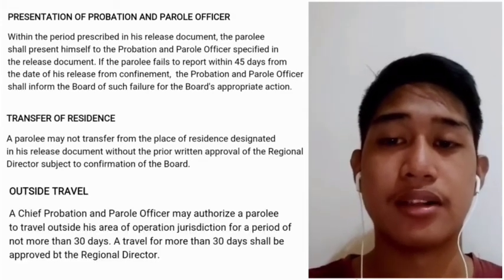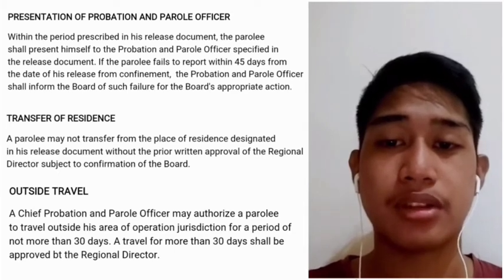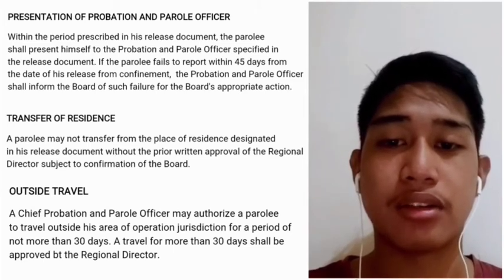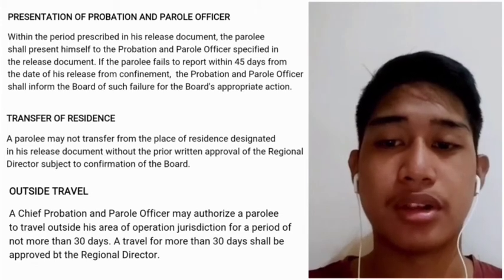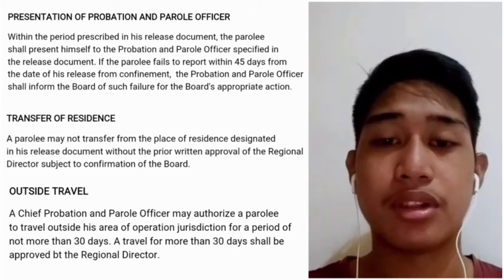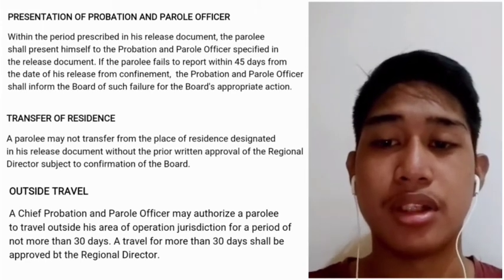Outside travel. A chief probation and parole officer may authorize a parolee to travel outside his area of jurisdiction for a period of not more than 30 days. A travel for more than 30 days shall be approved by the regional director.